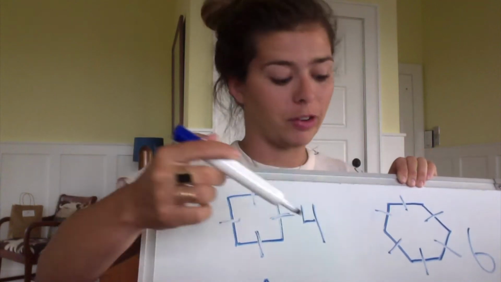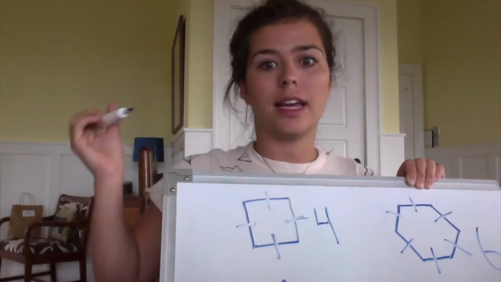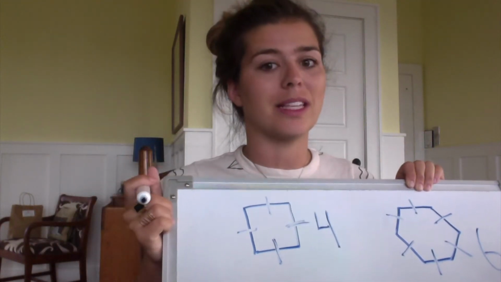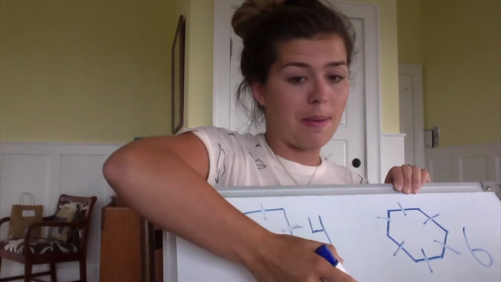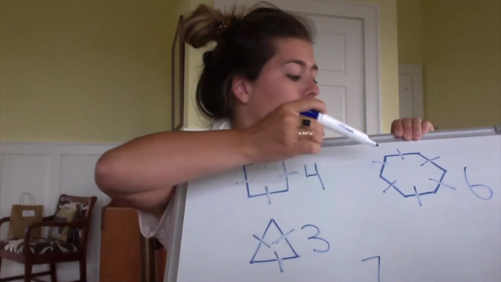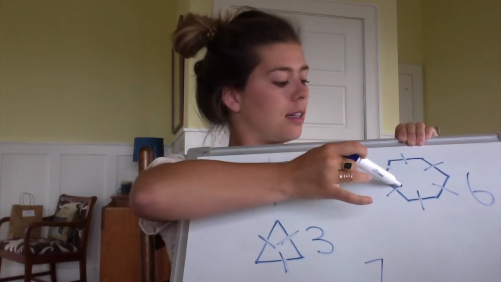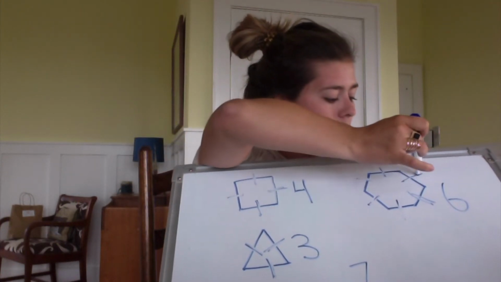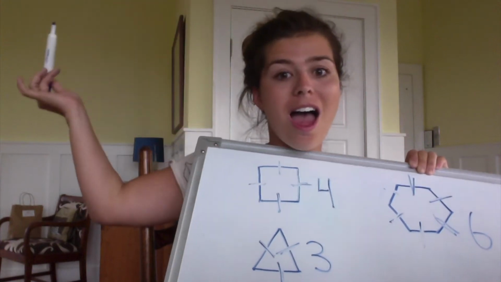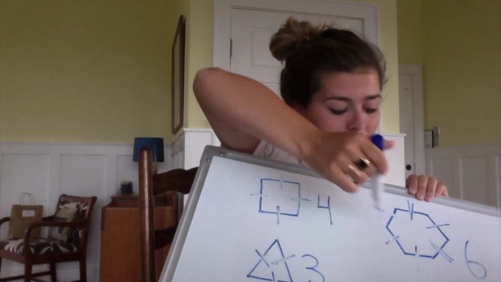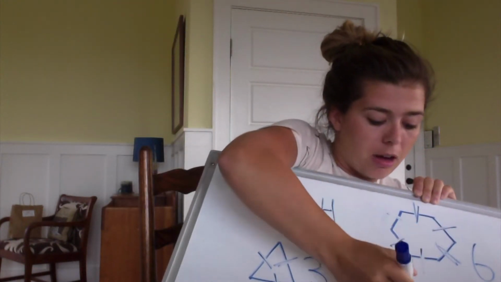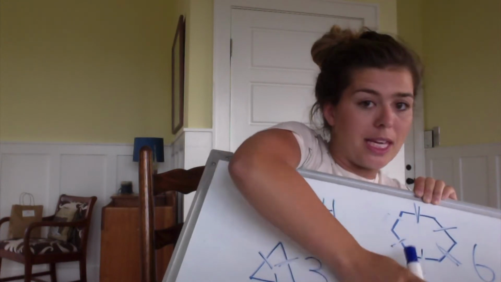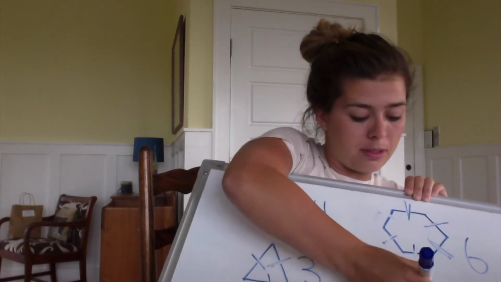So let's count up from 7, 6 sides, and see if it gets to 13. Ready? So I'm at 7. So 8, 9, 10, 11, 12, 13. Good.